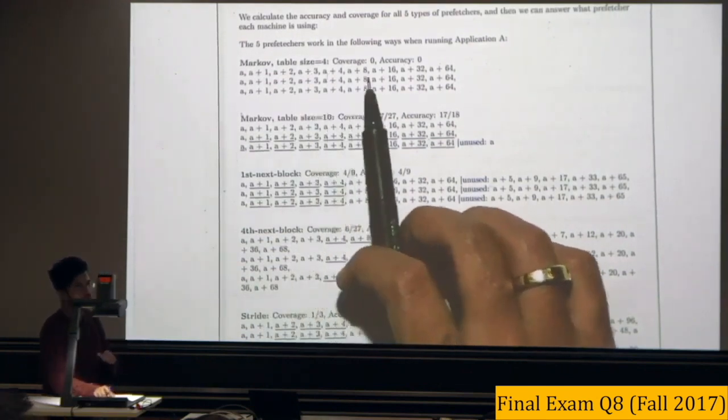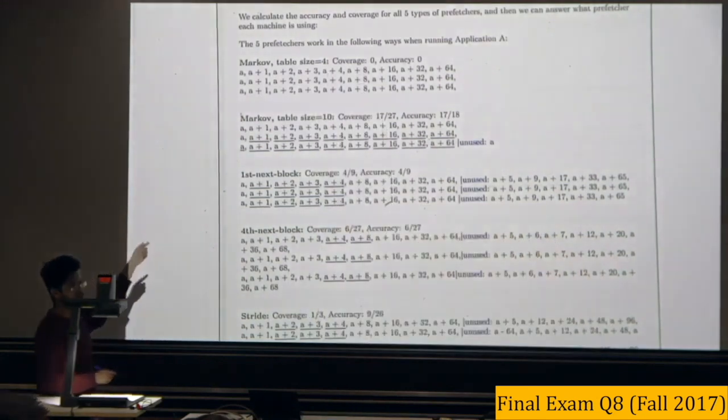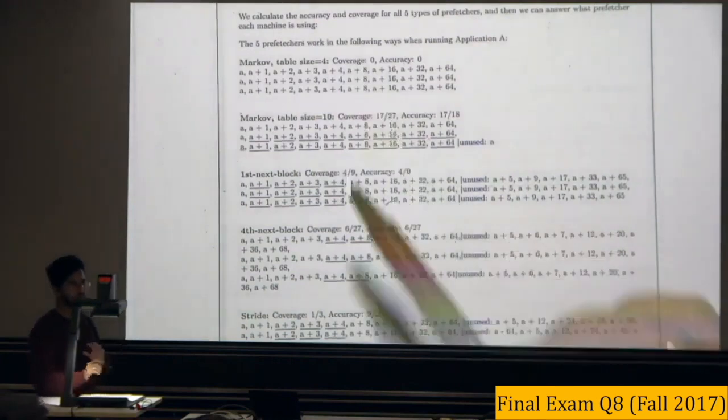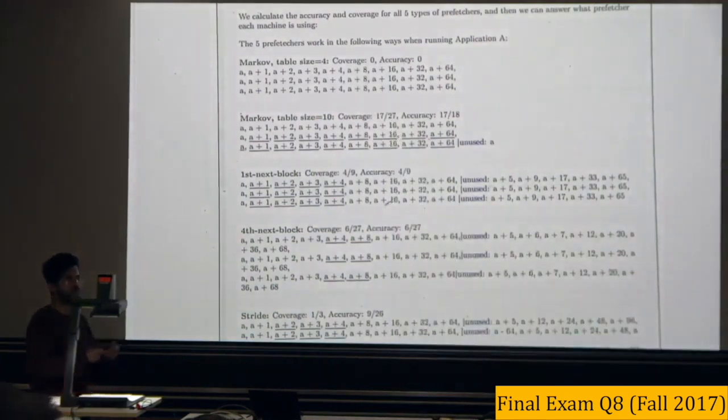Now if you go to A plus 8, you are dropping the first learning, and A plus 8 is something completely new to the prefetcher. The prefetcher hasn't seen this cache block address before, so it cannot make any prediction in this case.